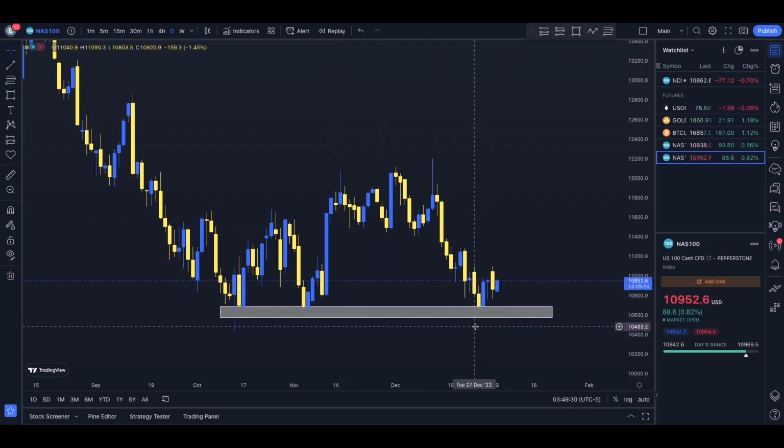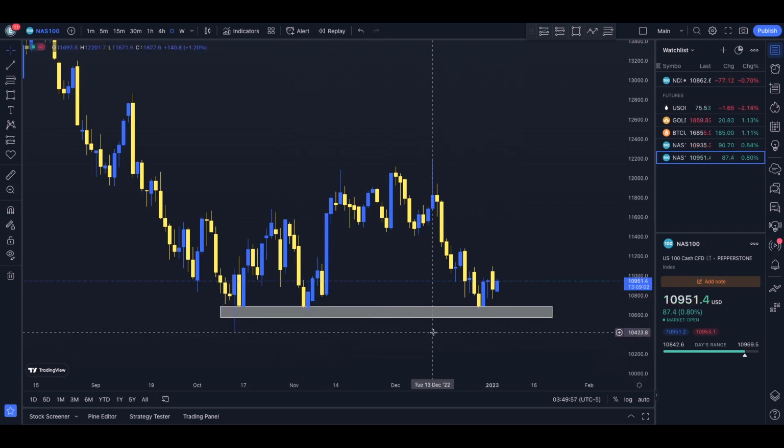Unless we break this support zone and price closes down here on the daily time frame, then I'll be looking for sells. But as long as price does not close below the support zone, the only thing I'll be looking for is buys.